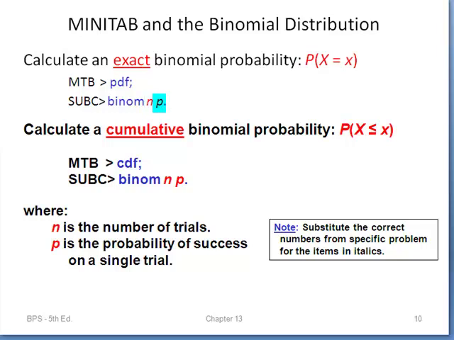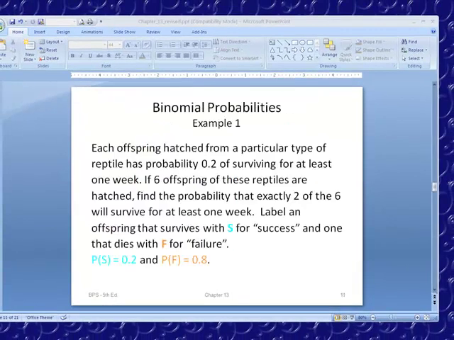So for the cumulative binomial probabilities, the Minitab command would look like CDF, semicolon, because again, you have to tell Minitab which distribution you're in. You say binomial and give the parameters n and p. When you hit enter, the output of the sessions window will be the cumulative distribution function.